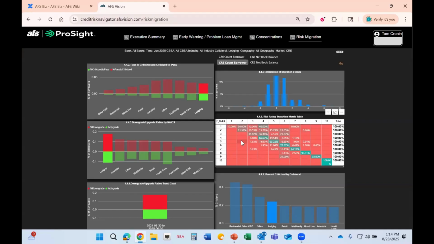These are significant movements. And with the exception of the 9s, where actually 1 came back from doubtful to pass, the matrix, the pass to criticize, and the down up charts are all showing seismic shift. I call it seismic shift downward in credit quality for lodging.